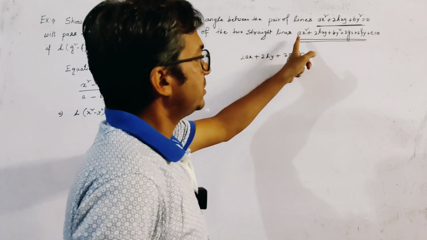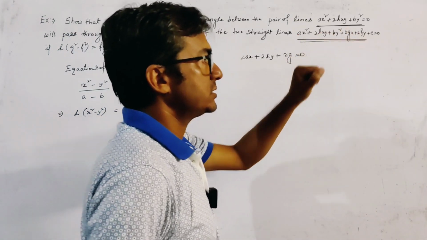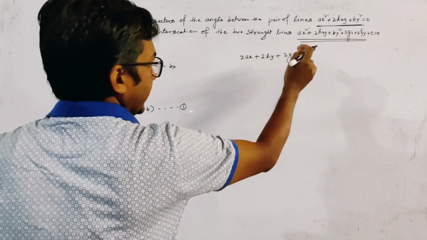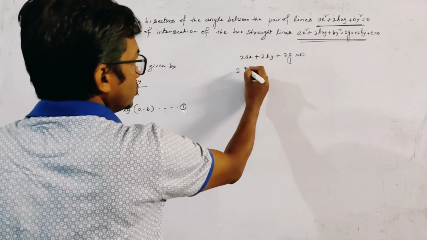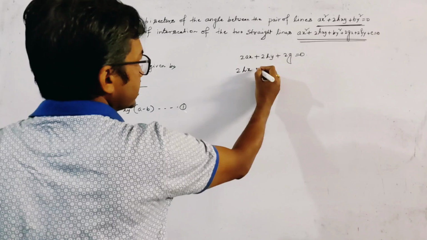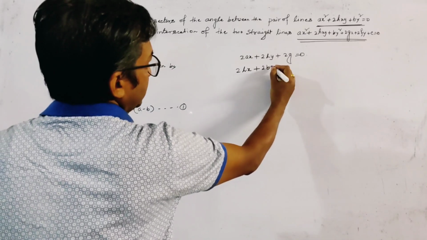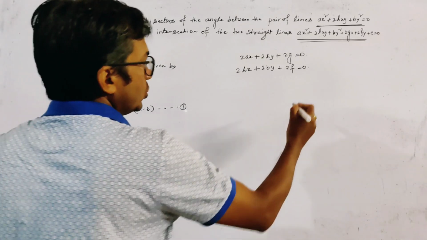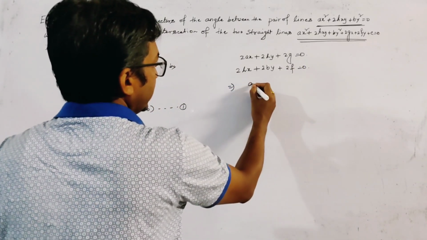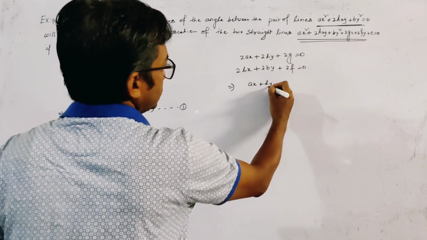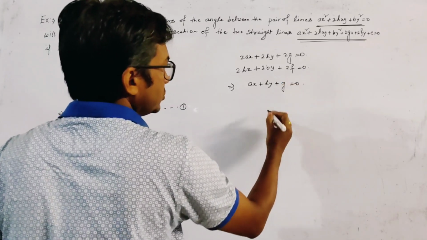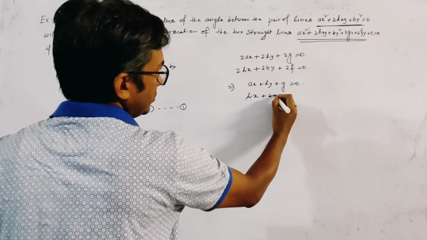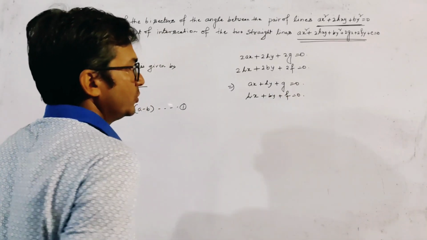Now differentiate partially with respect to y, and we get the result as 2hx plus 2by plus 2f equals 0. So we get ax plus hy plus g equals 0, and hx plus by plus f equals 0.